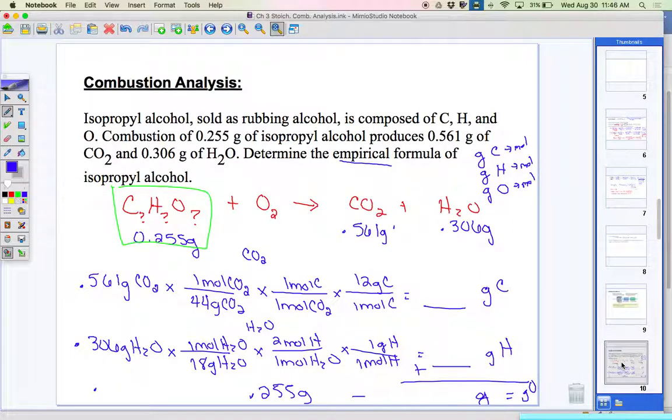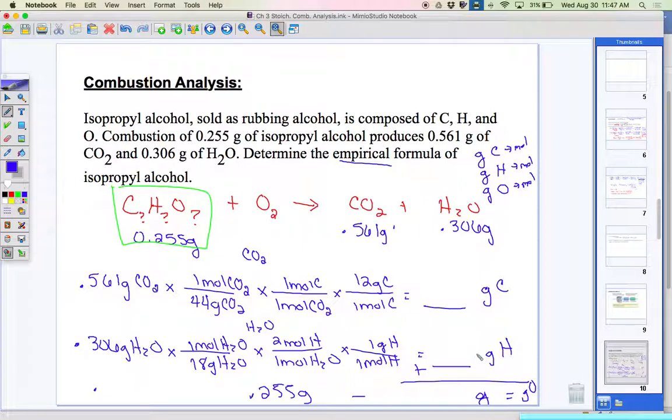So you get those two and then you add those together. Yeah, you would add the carbon and the hydrogen together and then subtract it from the total. I was thinking of it differently. You subtract the grams of carbon from CO2, the 0.561, and then hydrogen from H2O, and then add those together.